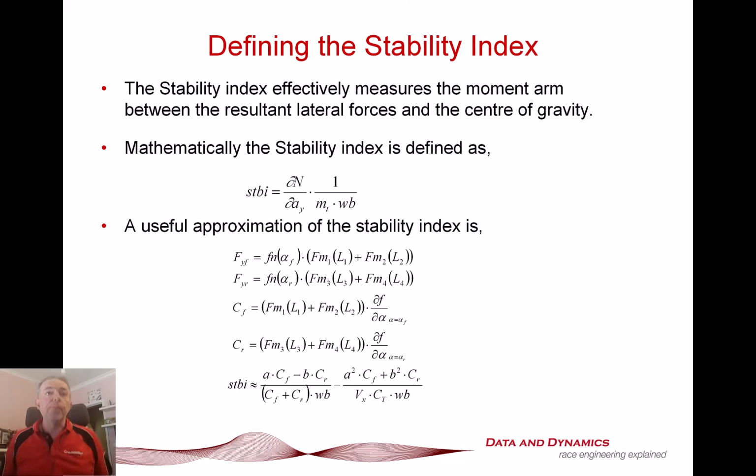The MT term is to make sure that it's unitless. So the way that we do that is that we've got our lateral forces, some of our lateral forces at the front, some of the lateral forces at the rear. This is effectively your tire cornering slope, which is the sum of your traction circle radiuses times the non-dimensionalized slope of your tire forces versus slip angle, and that's your stability index.